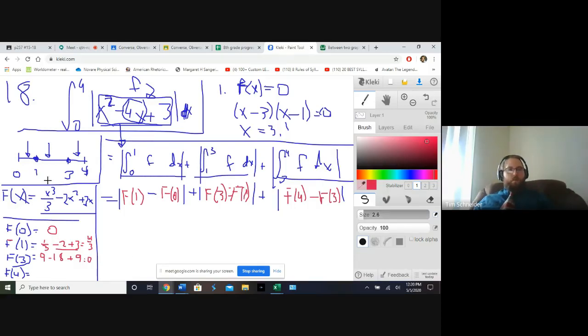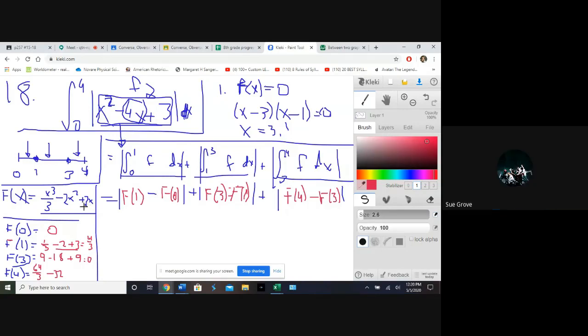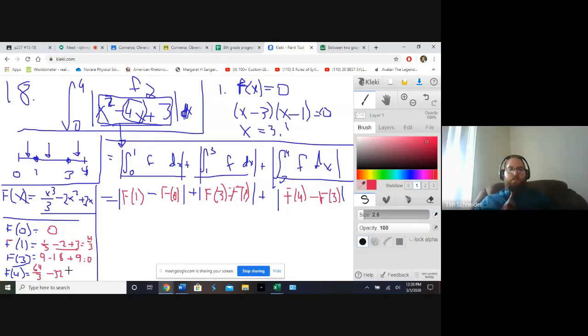And then F of 4, if you plug in 4, you get 64 over 3. Minus 4 squared is 16 times 2 is 32. I believe, yeah, that's right. Okay, plus 3 times 4 is 12. So plus 12.